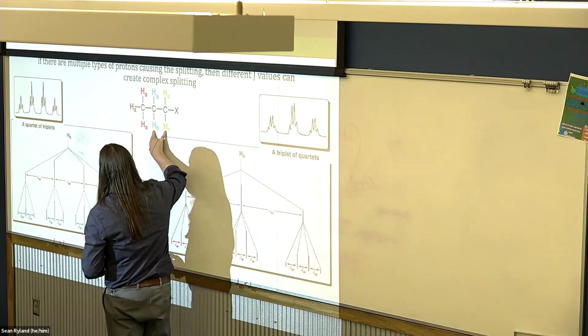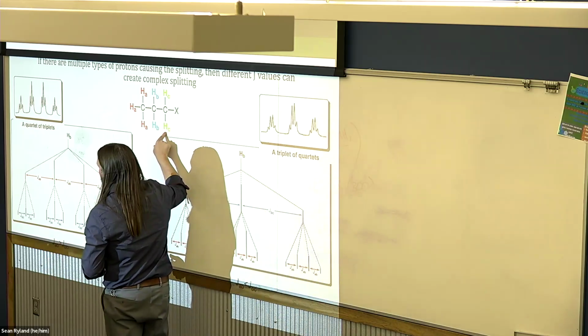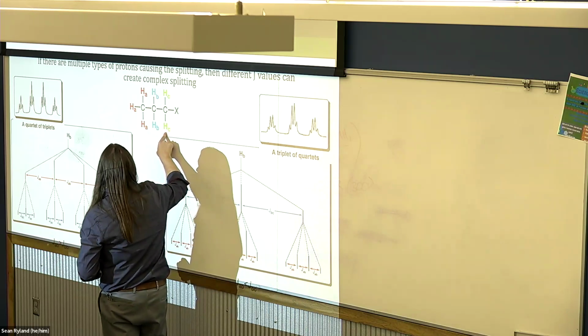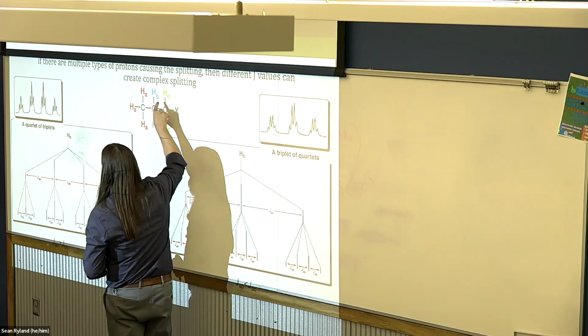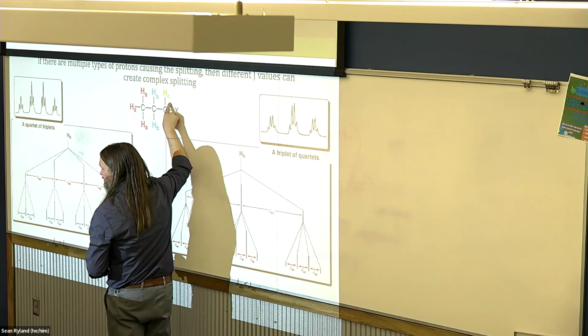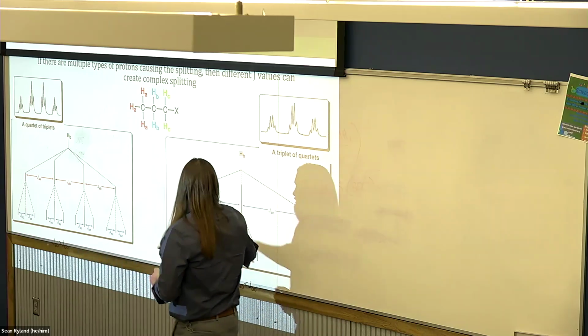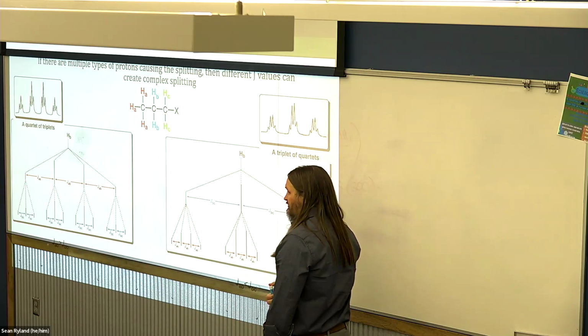So I would expect B and C to have a bigger coupling constant, just because there's a bigger difference in the energy values between these. So for B and C, I would expect to see something that looked like a triplet of quartets.